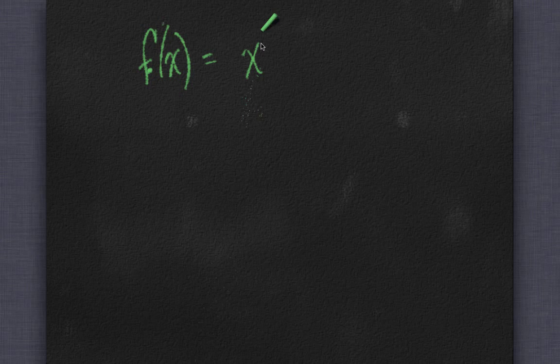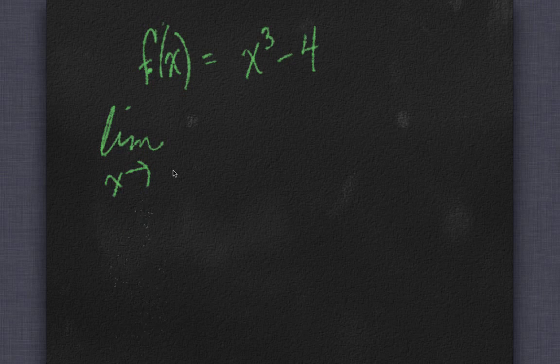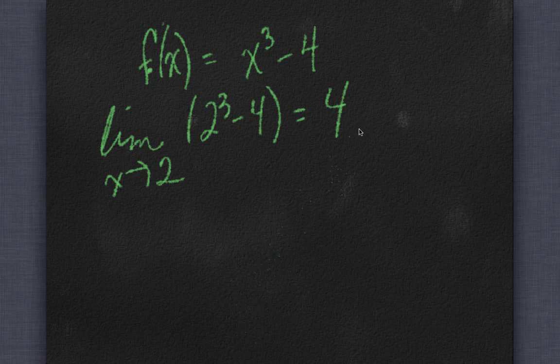Let's say x cubed minus 4, and let's say that I'm looking at the limit as x approaches 2. So then I try plugging in, and sure enough, that gives me a number. So this is what I want to try to show, right? I want to say, given epsilon, find delta.